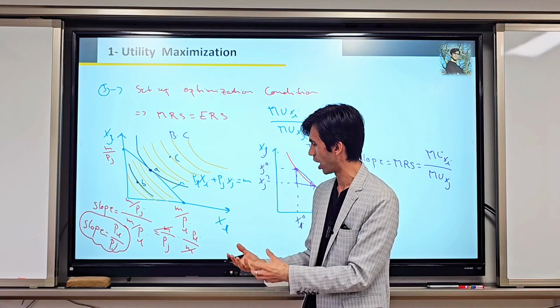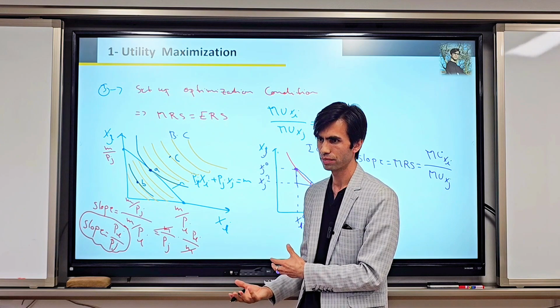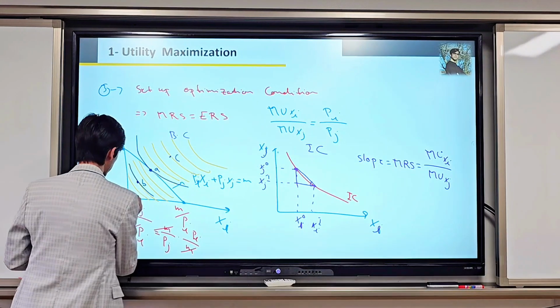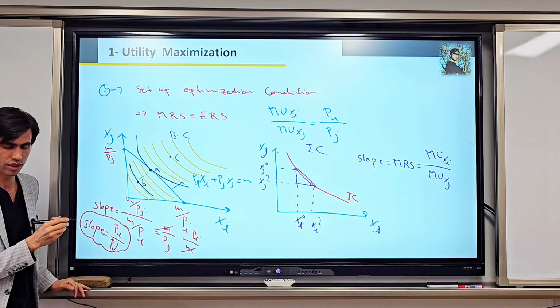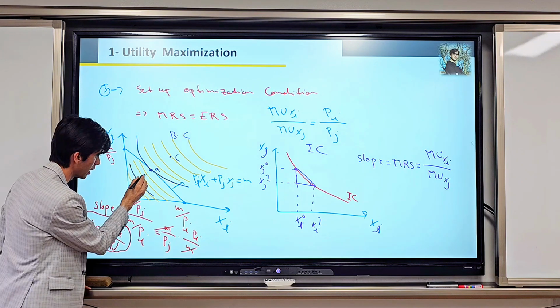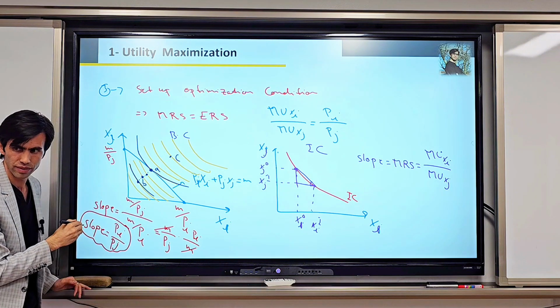When we have the budget, when we have the income, we can move. So by moving further, we can increase our utility level. For example, this point has higher utility than B, and A has higher utility than B.